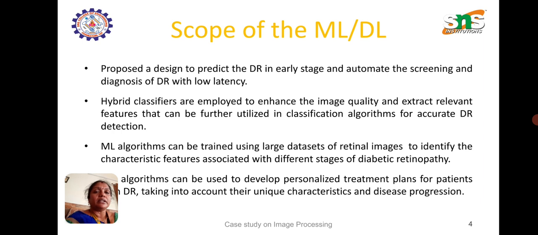So the ML and DL algorithms can be trained using large data sets of retinal images to identify the characteristic features of the different stages of diabetic retinopathy. The algorithms can also be used to develop personalized treatment plans for the patients.